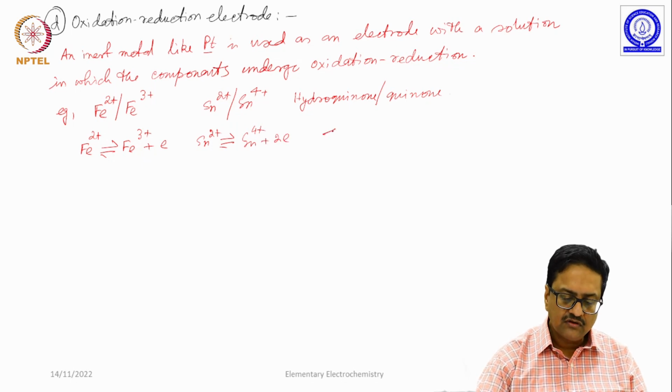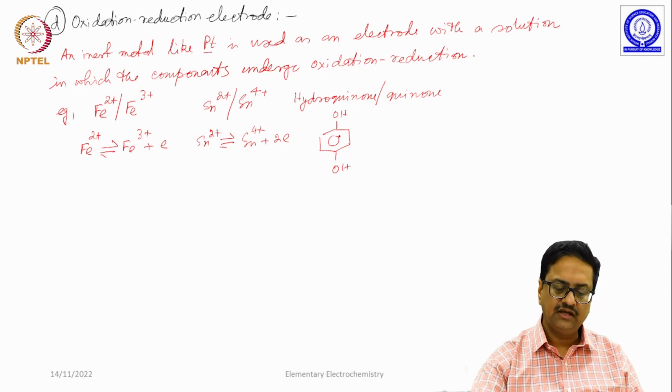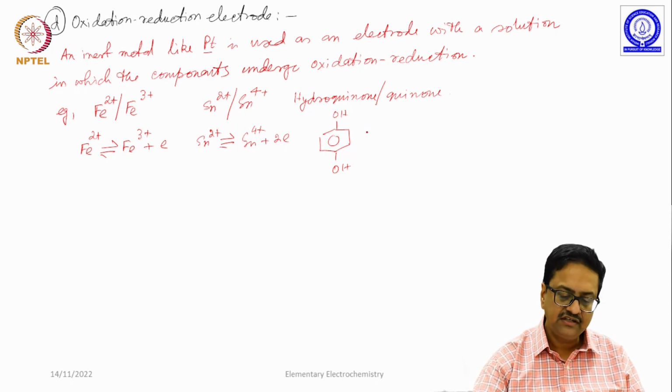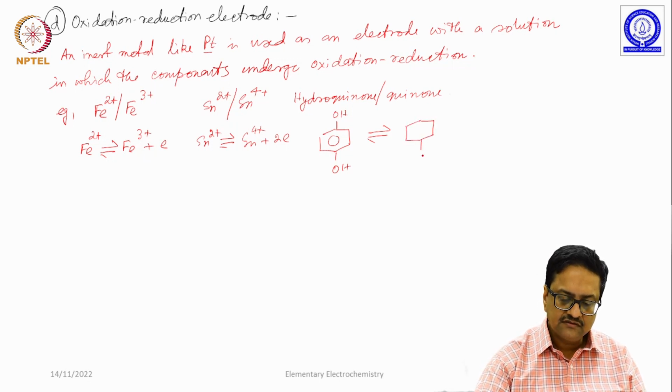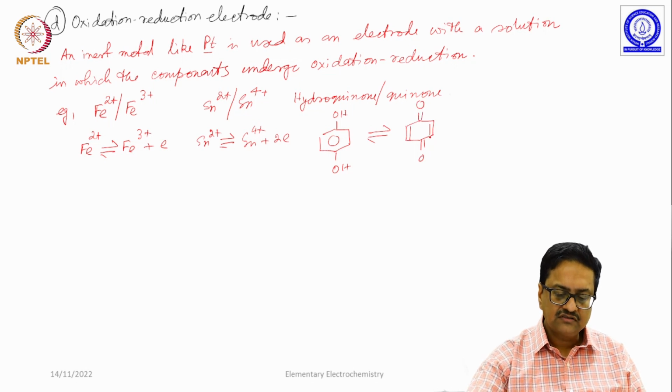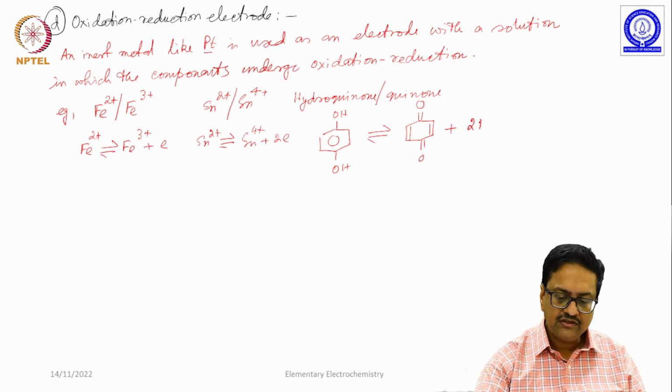And as you know, hydroquinone is an organic compound with OH groups on the 1 and 4 positions of the aromatic benzene ring. It is in equilibrium with this ketone or diketone, which is called the quinone, and it releases 2H plus and 2 electrons.